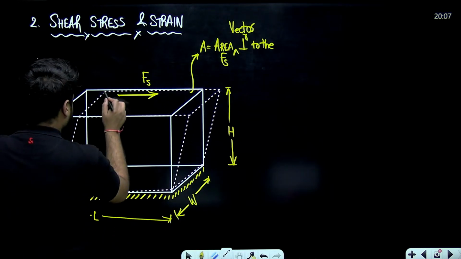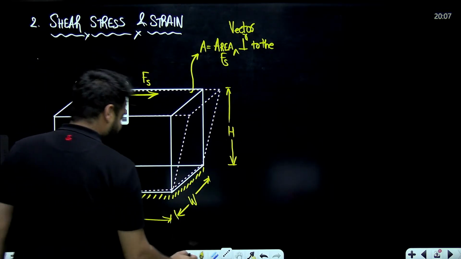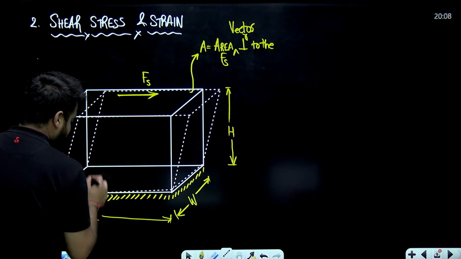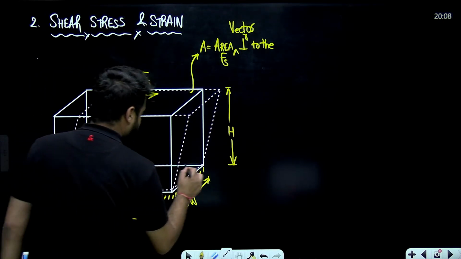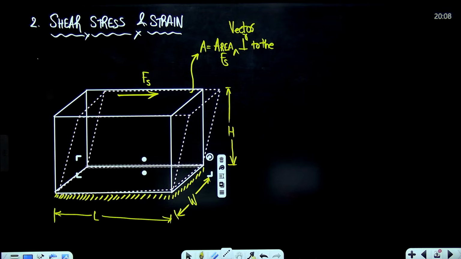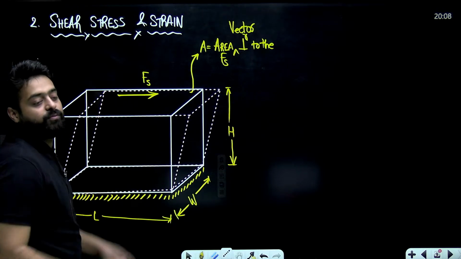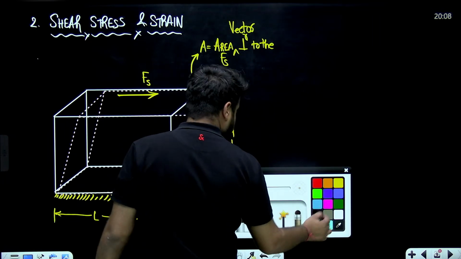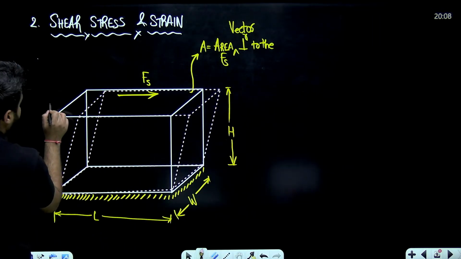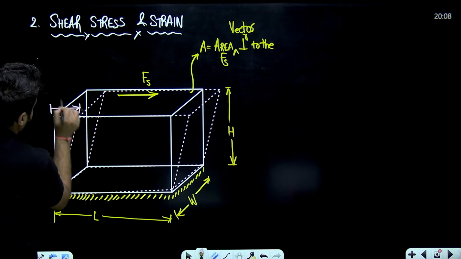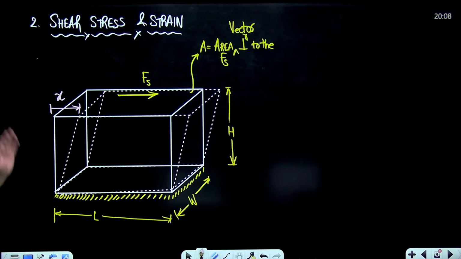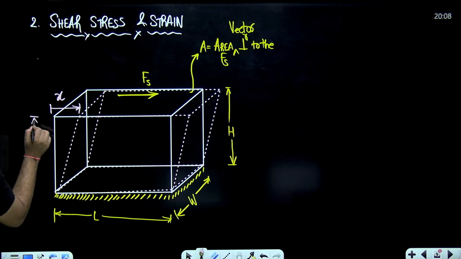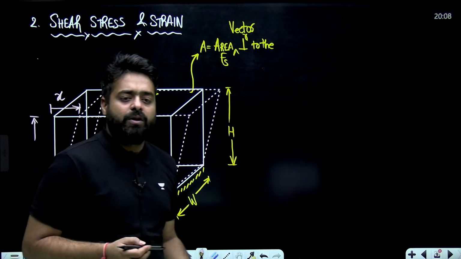I hope you all can see the deformation clearly. This whole body gets deformed by some value, okay? And this deformation is x. It gets deformed by some x value, even though it has some original height, or you can say original length.